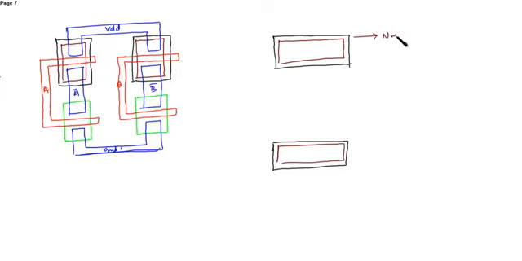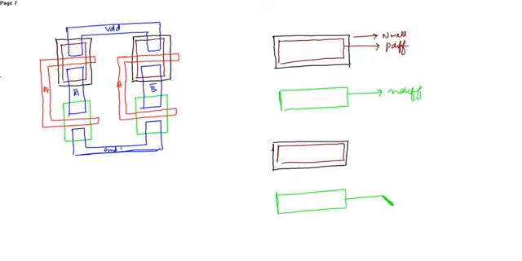So this is N-well, P diff. Then this N diff. So this is one transmission gate, this is the second transmission gate.